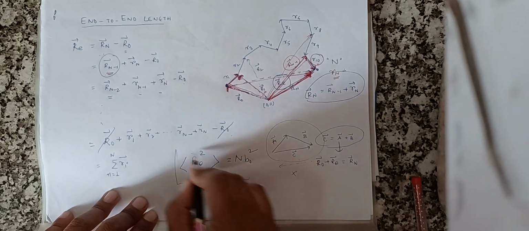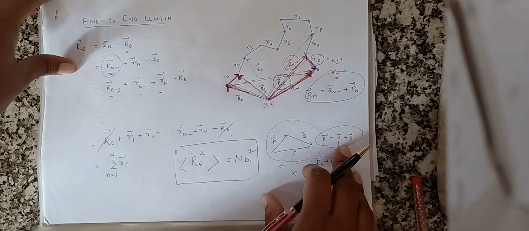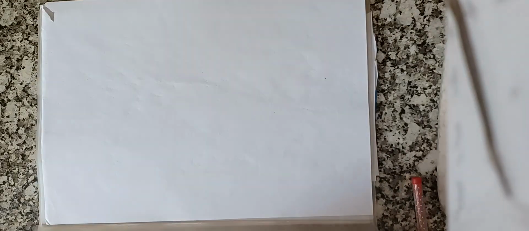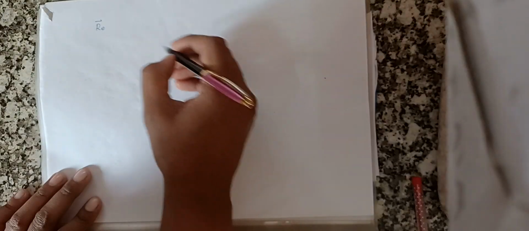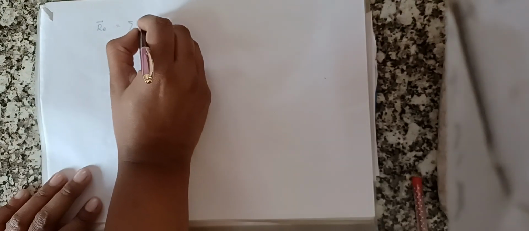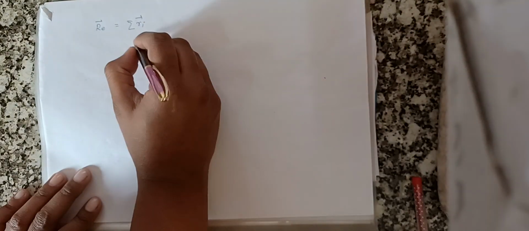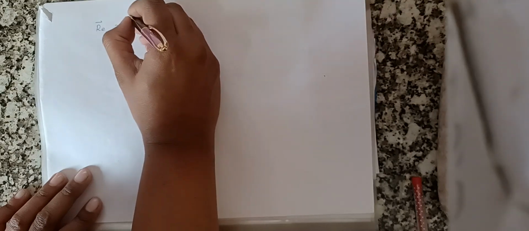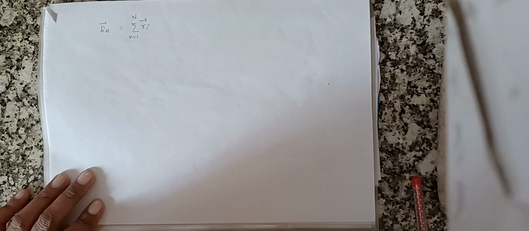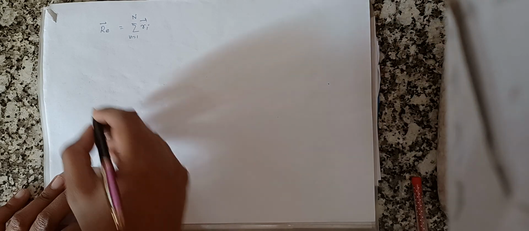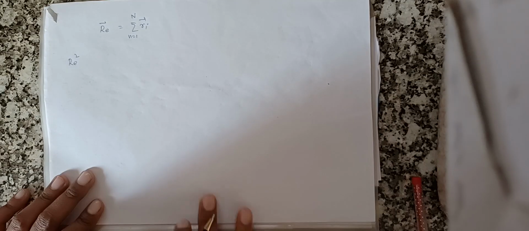So let us try to prove this from whatever we have so far. So far we have that Re is given by the summation over ri, i from 1 to capital N. That is what we have, right? Now we have to find Re square and then average it out.